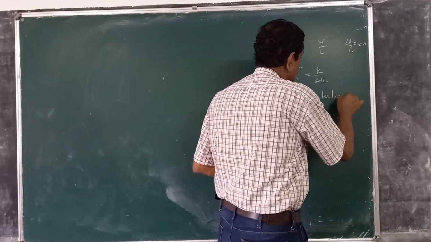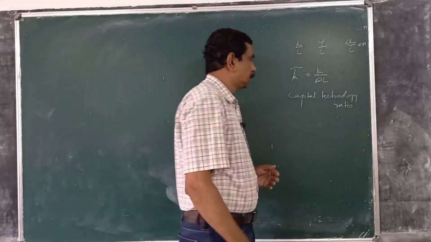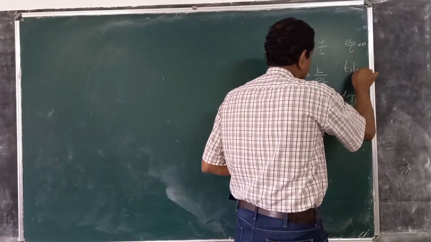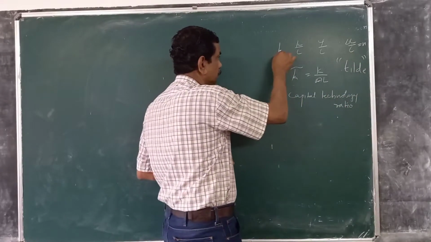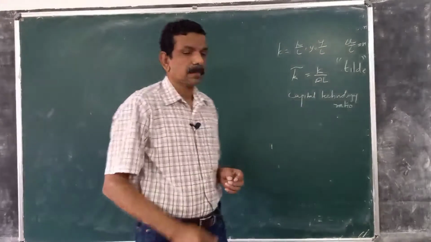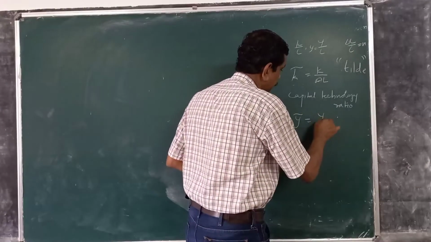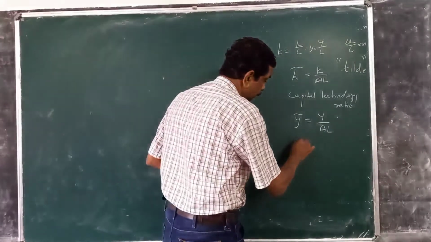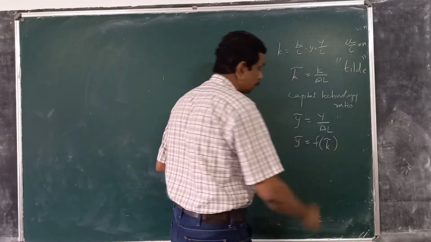We call this K by AL the capital technology ratio, and you read it as K tilde. In the previous classes we had K, Y, etc. Now we have K tilde and Y tilde, Y by AL, and the production function is Y tilde is equal to a function of K tilde.